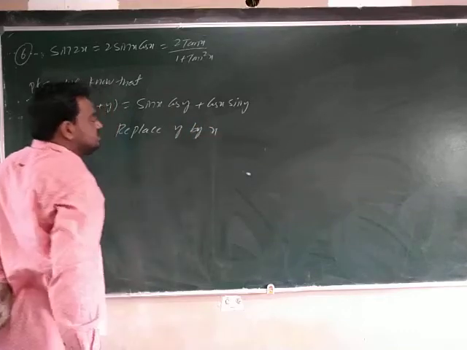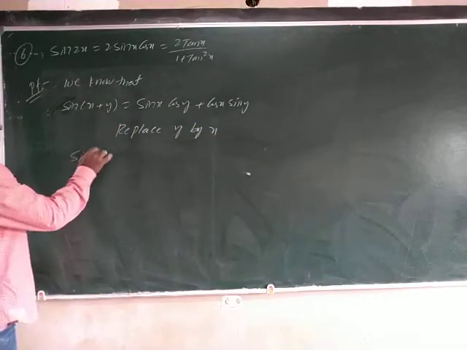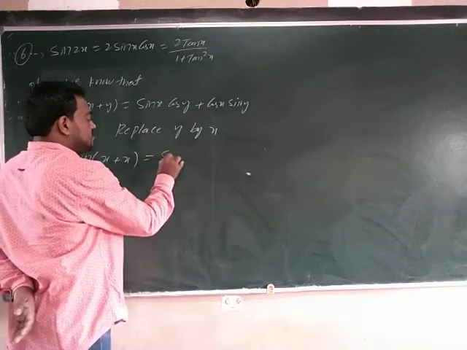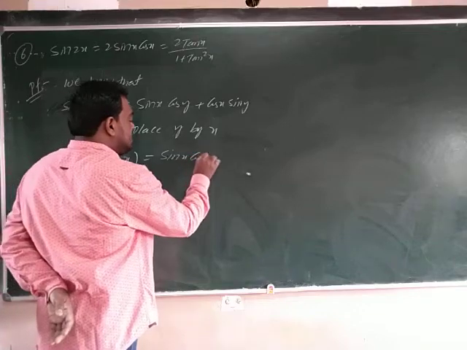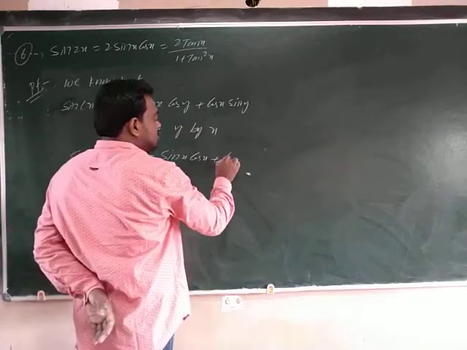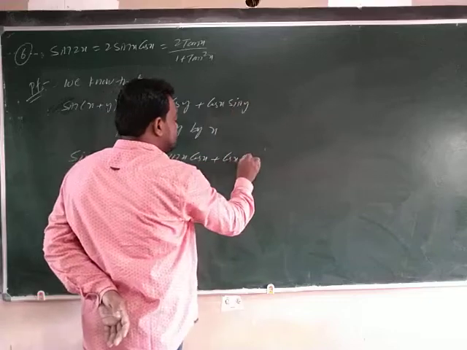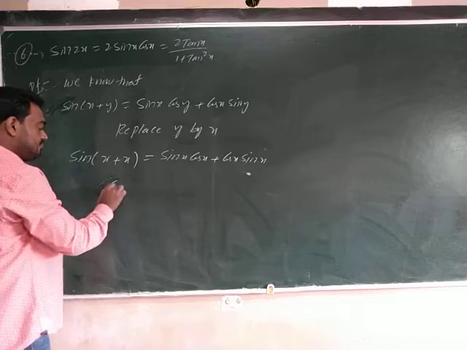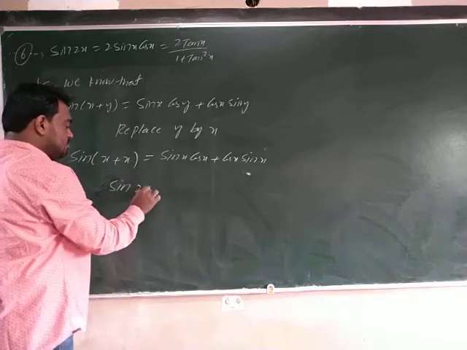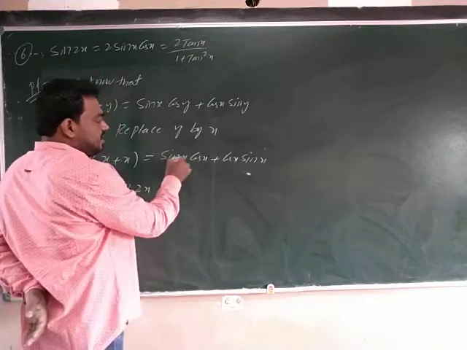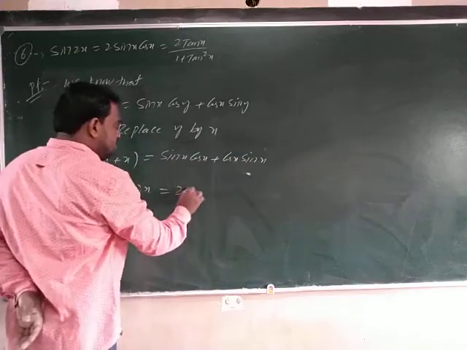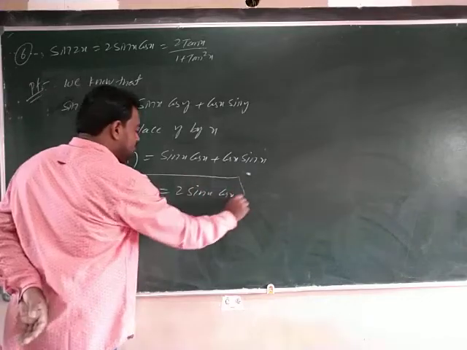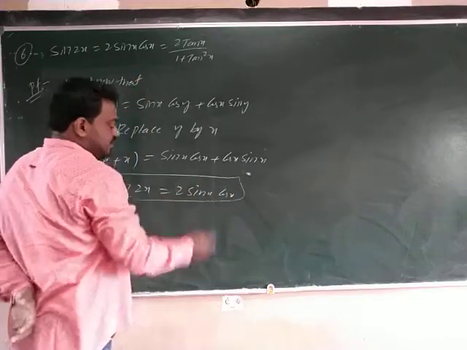So sin of x plus x is equal to sin x cos x, in place of y, x, plus cos x sin x. So sin of x plus x, 2x, is equal to sin x cos x plus sin x cos x, total 2 sin x cos x. This is the proof. If there is a second one, this one compulsory we are doing.